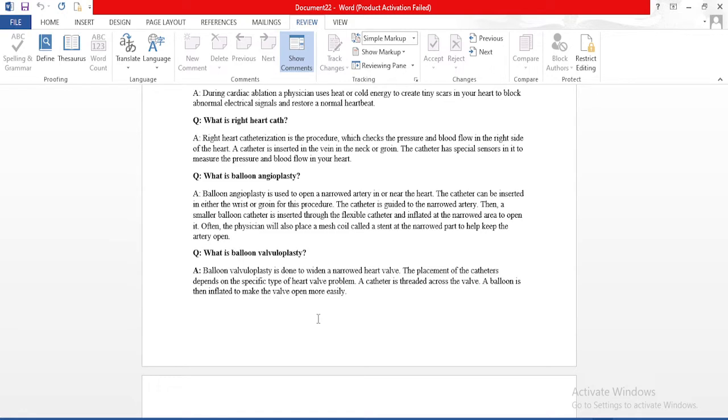So basically in balloon angioplasty, the physician will try to open the narrowed area using the balloon. As soon as the balloon reaches the narrowed area, he will inflate it, and sometimes based on the severity, he may put a stent also in that narrowed area to prevent recollapse.